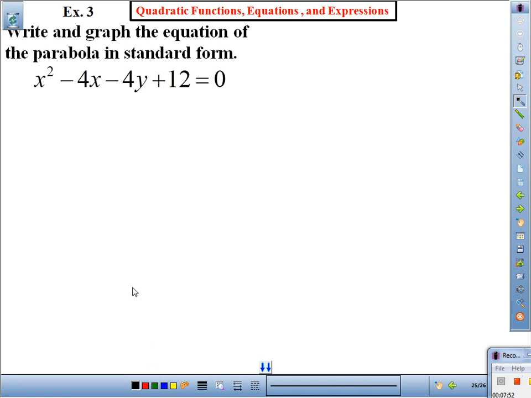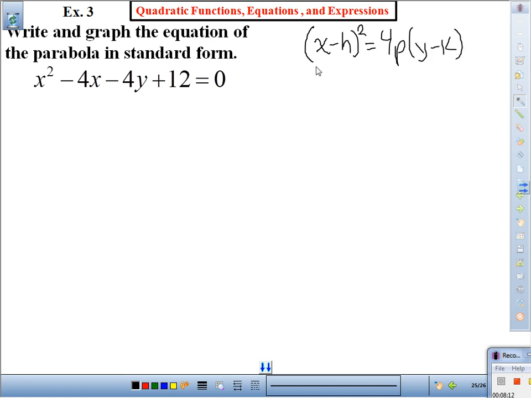Which variable has the square? So that gives us a clue as to which equation we need to think about. We need to think about (x minus h) squared equals 4p times (y minus k). This is the standard form that we need to look at. And this one needs to look like this. But right now it does not.